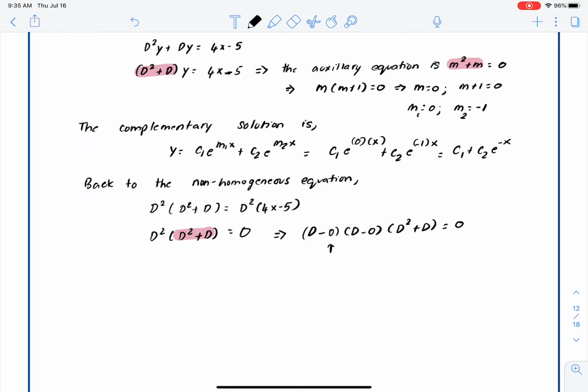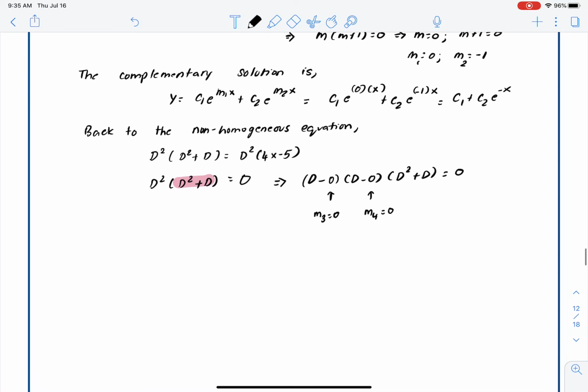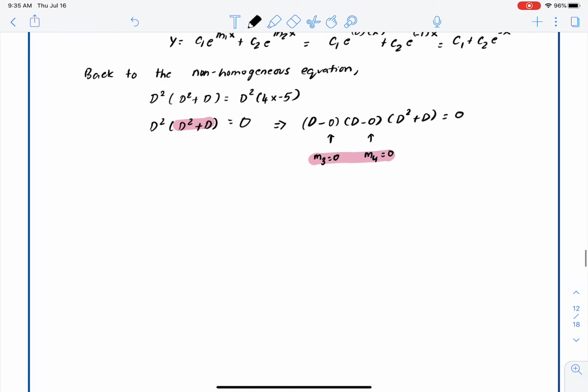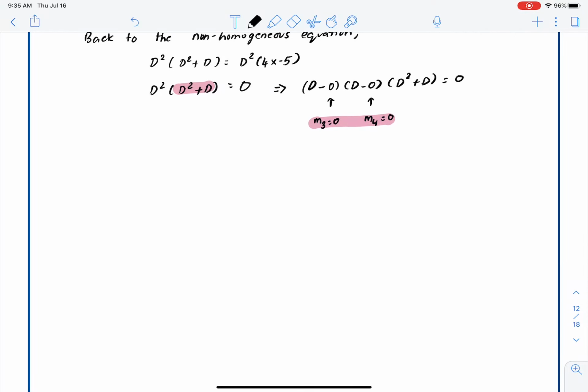So the two new roots are m3 equals 0 and m4 equals 0. Now keep in mind, these are repeating roots. We already had m1 equals 0 earlier, so we've got to be careful when we write the particular solution.